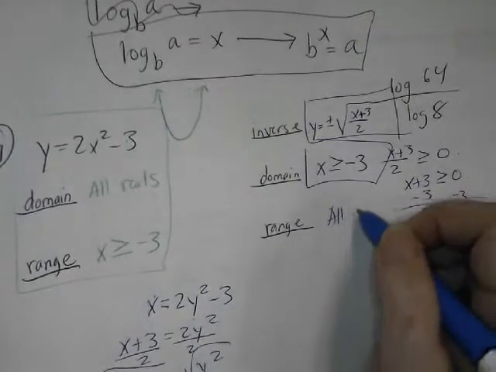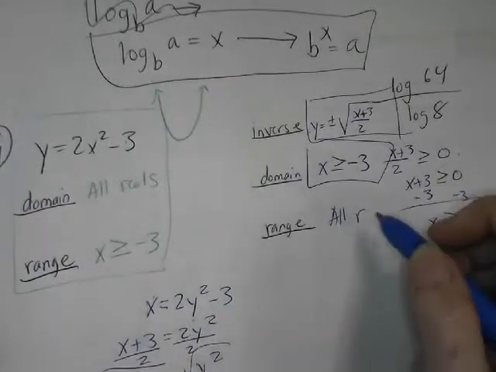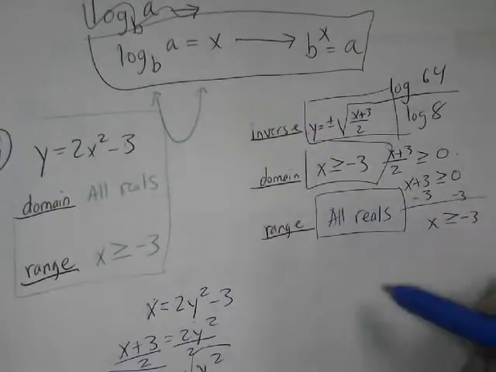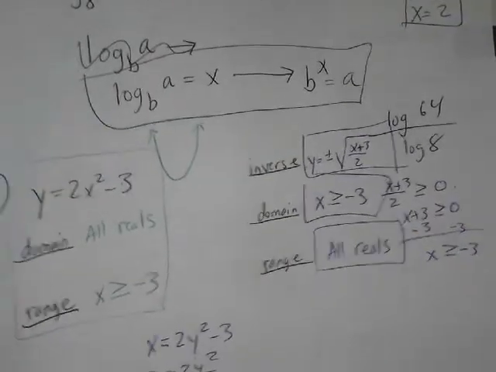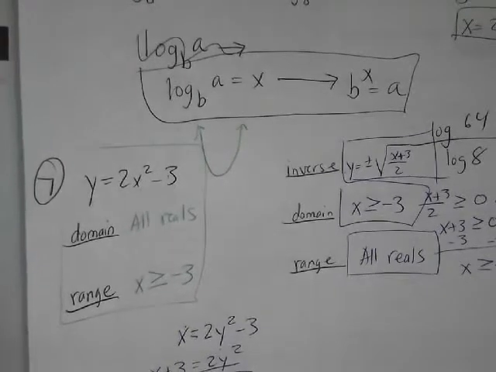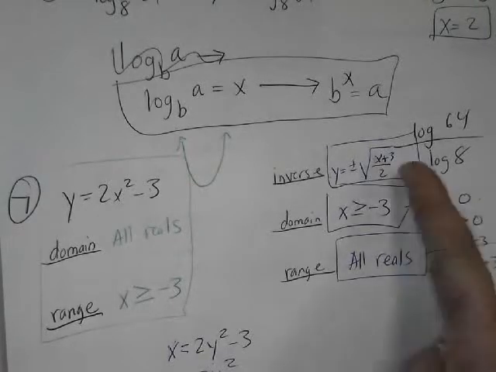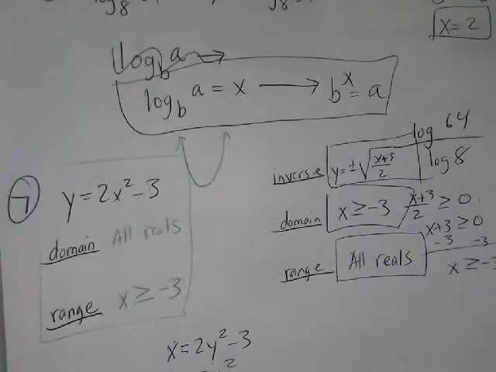Now they told you that in one of the little blue boxes, but I'm kind of guessing you guys might not have picked that up. So when you do inverses, the domains and ranges are flipped, so I really didn't have to do all that hard thinking right there, but I did that so that you would understand what's going on. Is that all? I think we answered all the questions, so that's it.